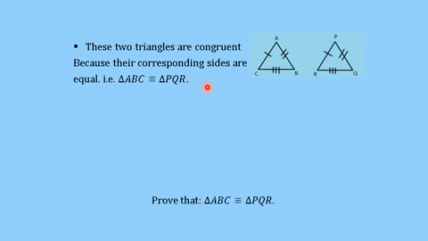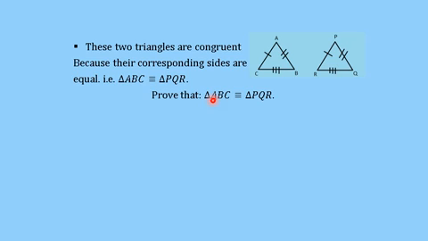Suppose they ask you to prove that triangle ABC is congruent to triangle PQR. Remember I said the order matters. So how to prove that using these 2 diagrams?